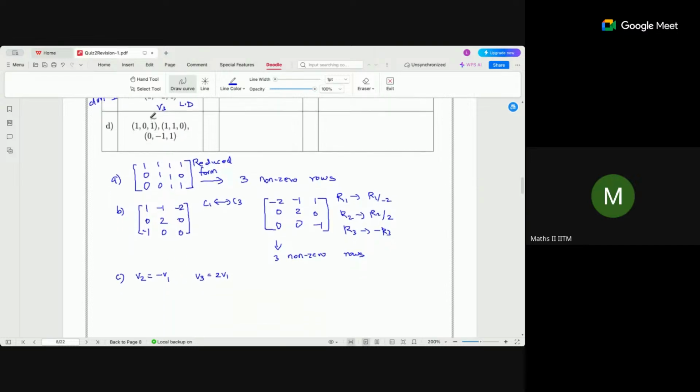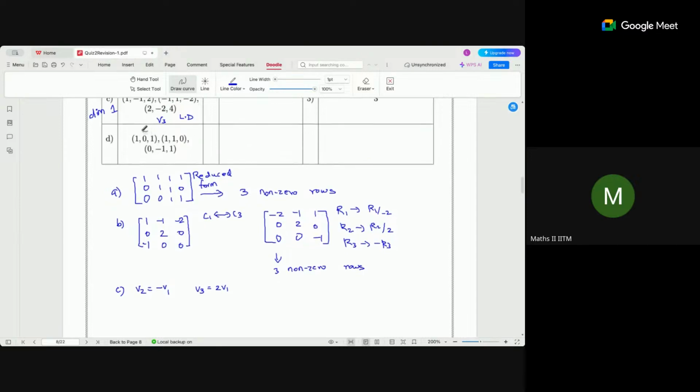Okay, fine. Now in the next case you have V1, V2, V3. What do you observe? Can you write V3 as a linear combination of V1 and V2? Is it not straightforward? What is that?